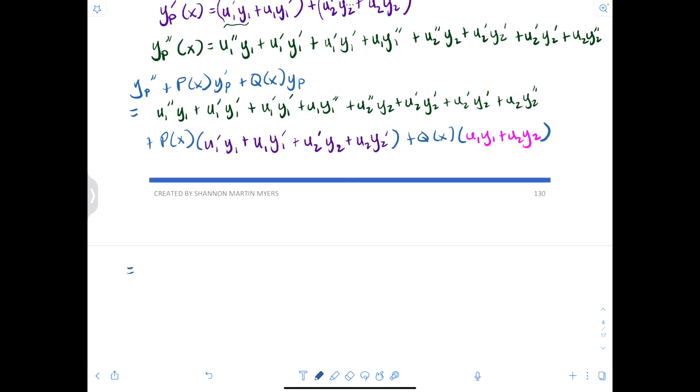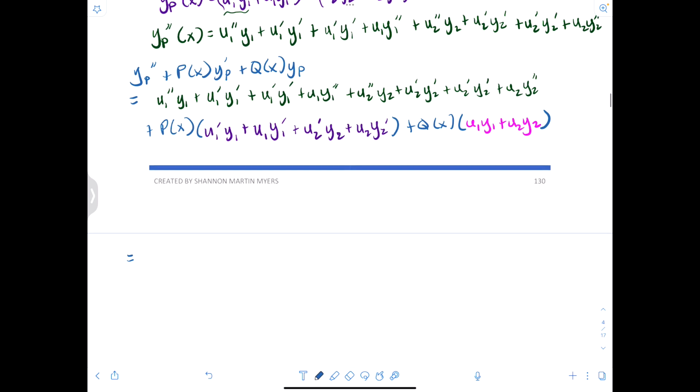All right, now that in turn equals, so we're going to take a look at how we can creatively group some of these things. So I'm going to factor out a u1. If I factor out a u1, I'll have a y1 double prime from this term.